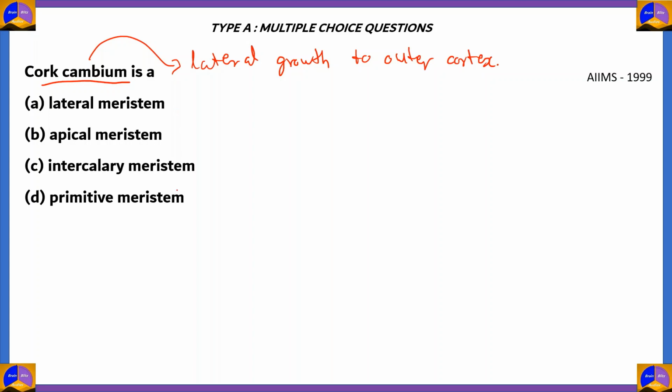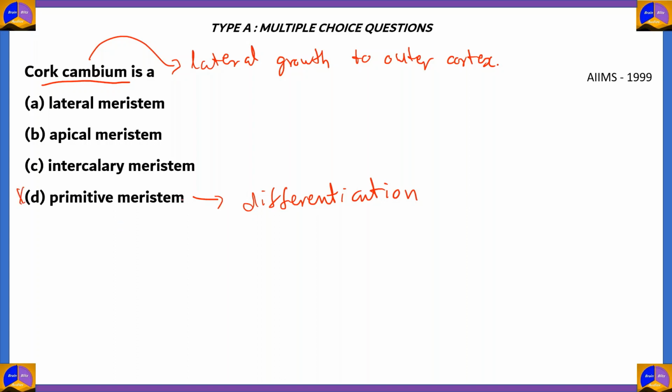Now, if we look at each of our options, option D, primitive meristem. Now, this primitive meristem is found in the plant's young stages when it undergoes differentiation. So option D is incorrect.